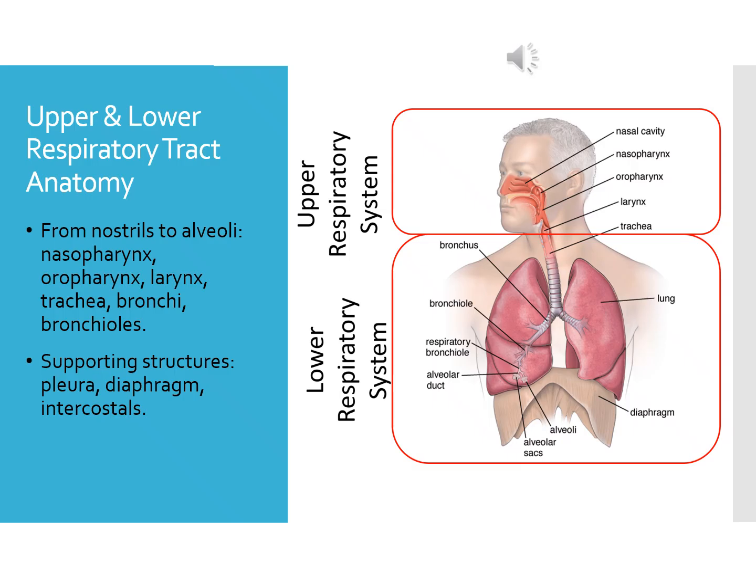Now, there are some structures here for the upper respiratory tract. This is going to be the nasal cavity, the nasopharynx, the oral pharynx. These two areas are the back area of the nose and the mouth, down into the larynx. This is where our voice box is, and then down into that tracheal area.